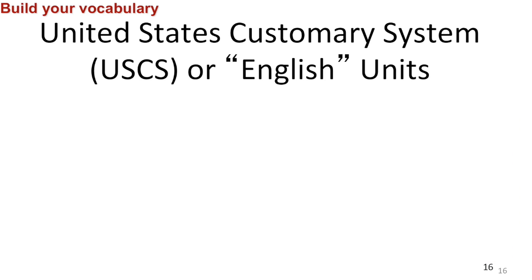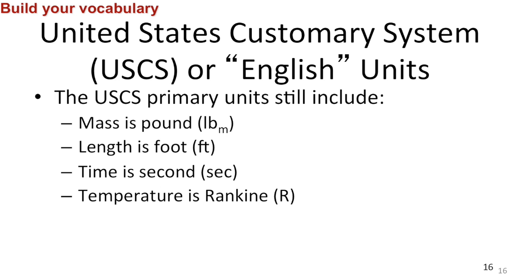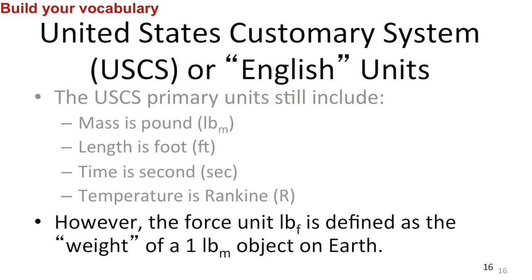However, the US customary system or the English system units are different. It also includes the mass, the length, the time, and the temperature units. The force unit, pound force, which is the force unit in the English system, is not a derived unit.